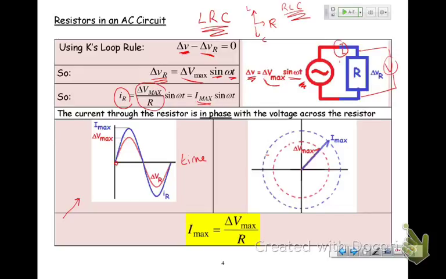That's a trig function that you did years ago, but just look it up if you don't remember it. So when I substitute that in to get a sine again, I see that rather than it being sine omega t, it's sine omega t minus pi over 2.